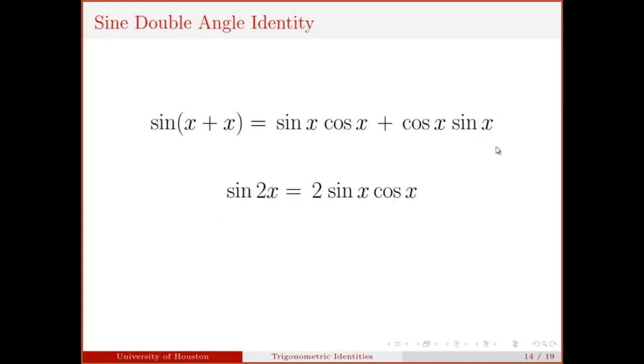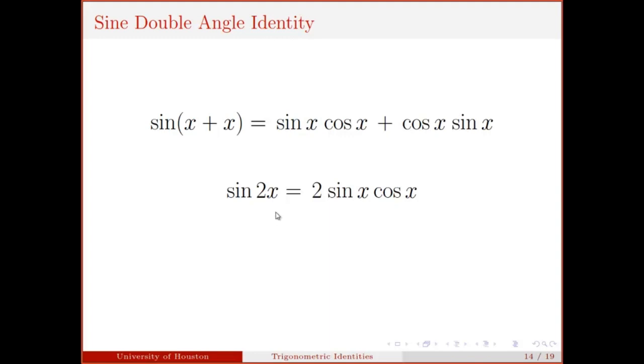From the angle addition identities, it is easy to derive double angle identities. First, for the sine function, we have sine of x plus x equals sine x times cosine x plus cosine x times sine x. Since these expressions are identical, they are like terms and they can be combined. Therefore, on the left-hand side, we get sine of 2x, which equals 2 sine x cosine x.